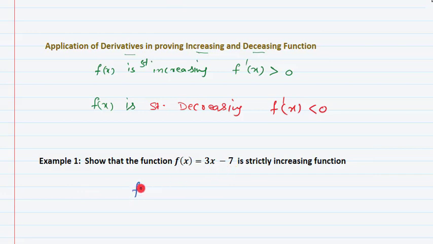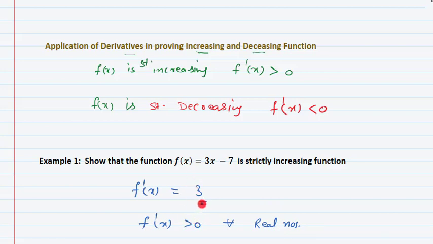Let me calculate f'(x), which is clearly 3. So 3 is a positive quantity, so we can say that f'(x) is greater than 0 for all real numbers. Therefore we can directly say that the function is a strictly increasing function.